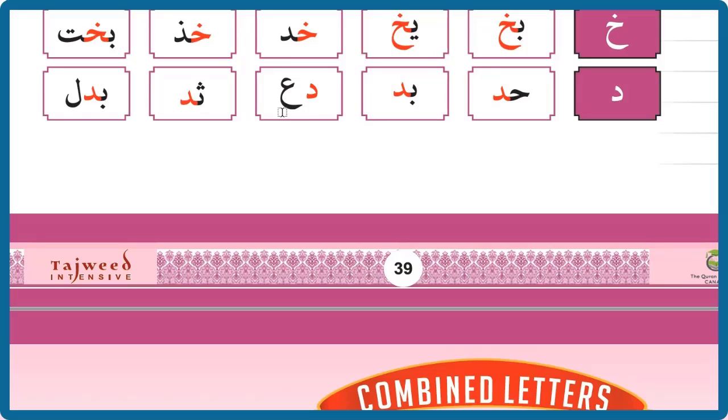No, it's ayn. Right? Next one. Ta, ta, ta, very good. Dal, good job. Ba, dal. Za. No, it's lam. Yeah, za would have a dot, right? So this is lam.